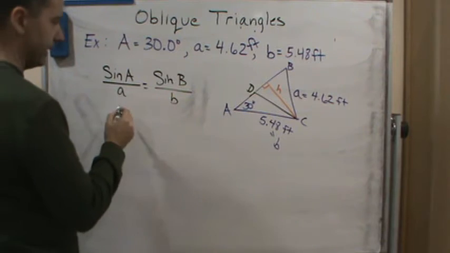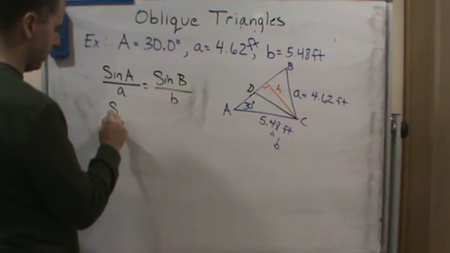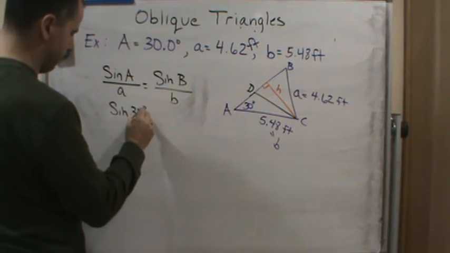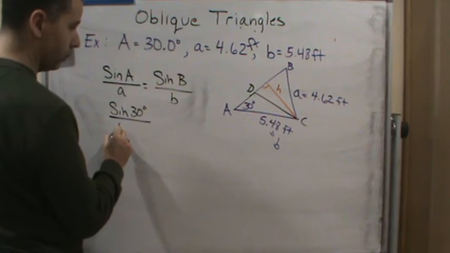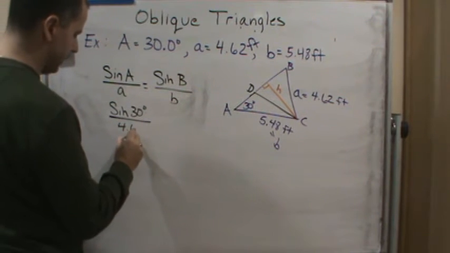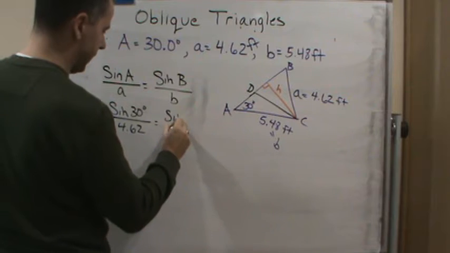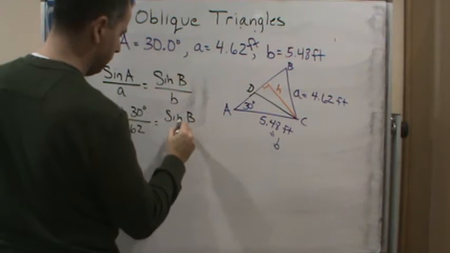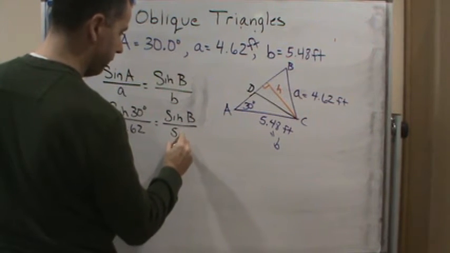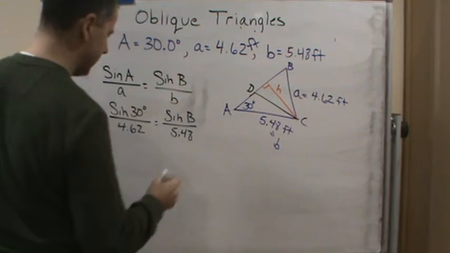So sine of 30 degrees over 4.62 is equal to sine B over 5.48.